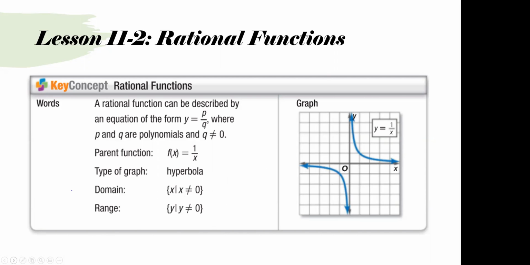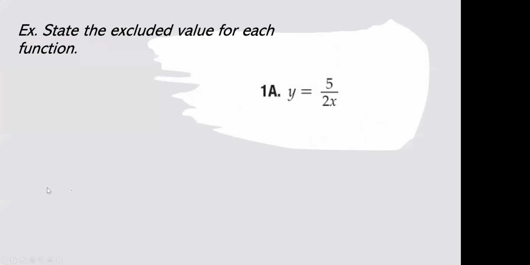All right, so the first type of problem you're going to see is you're going to have to state the excluded value for each function. That means you have to set your denominator equal to 0. So we would have 2x, set that equal to 0. That's just an equation. I would divide both sides by 2.